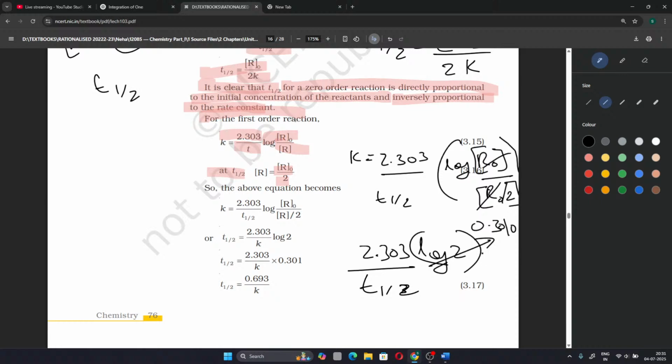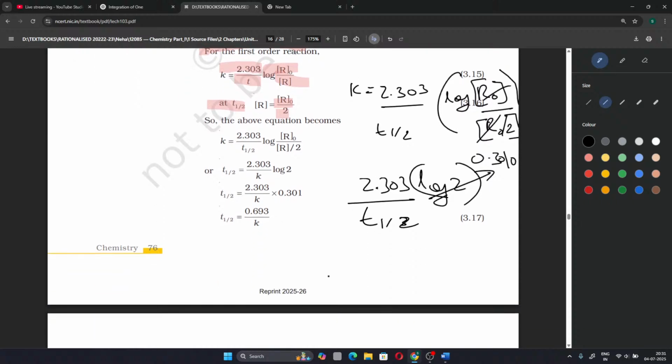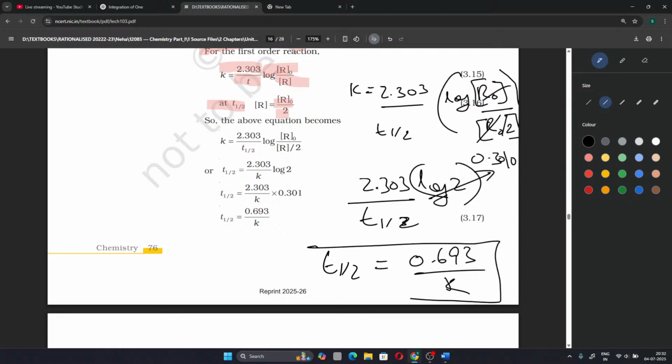So t half will be 2.303 into 0.301, which is 0.693 by k. This is for a first order reaction.